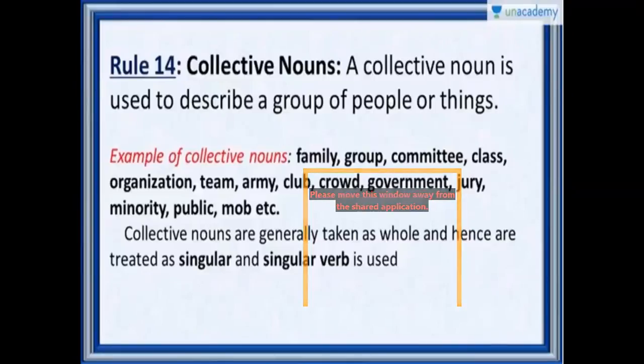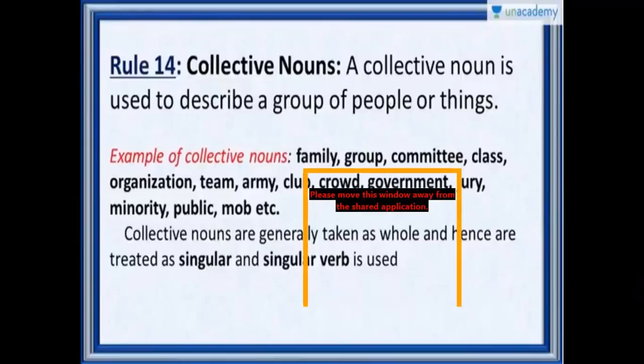The family has arranged for a party, not family have. The group is working to get the successful model. "The committee have taken the decision" is wrong. The committee has taken the decision.